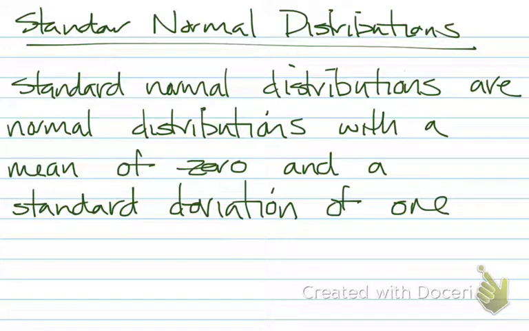So the way that was done in the past was we standardized the normal distribution, giving us z-scores that we could correlate to a table of z-scores that was usually a fold-out in most textbooks.